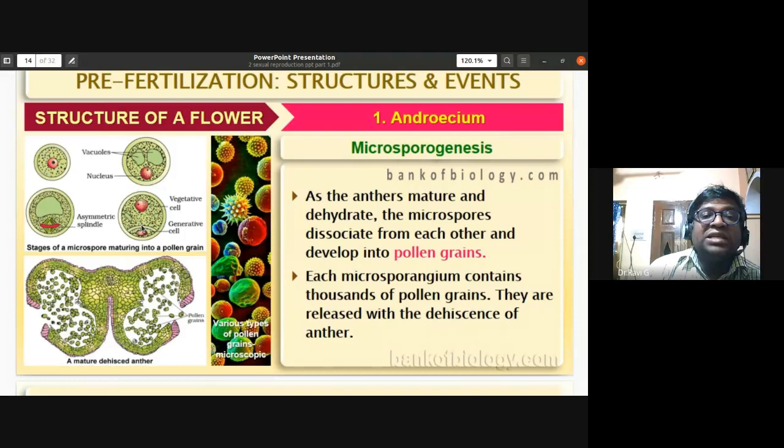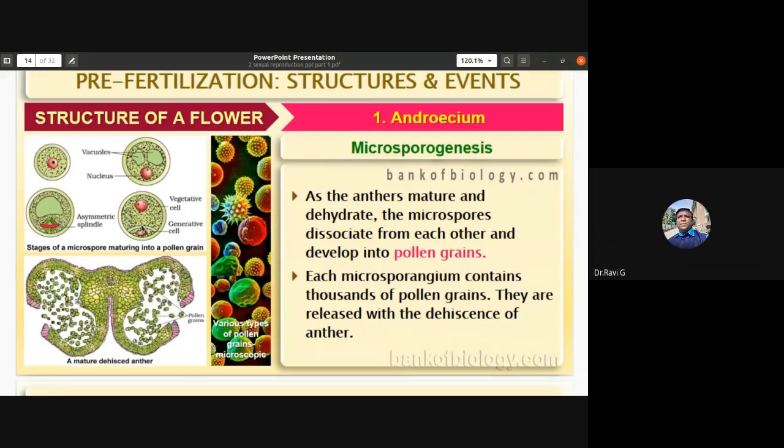We call this a three-celled pollen grain. A three-celled pollen grain has two sperm cells within the vegetative cell. This process of a microspore maturing into a pollen grain, we call microgametogenesis. Initially they would be single celled, later they form three-celled or two-celled pollen grains. They are liberated.